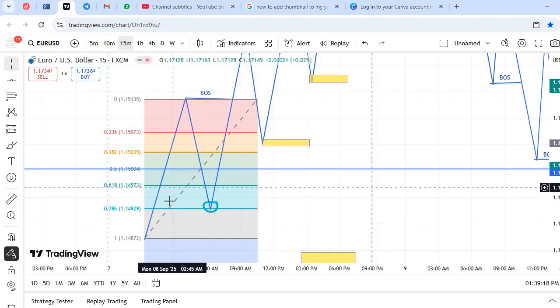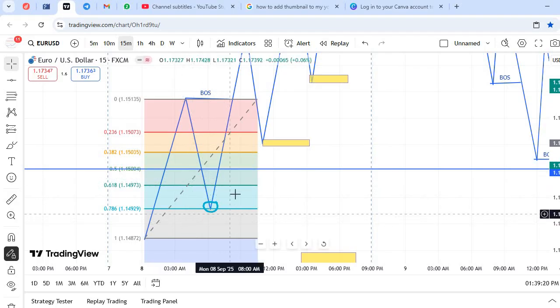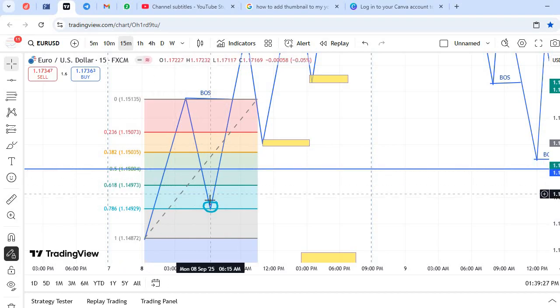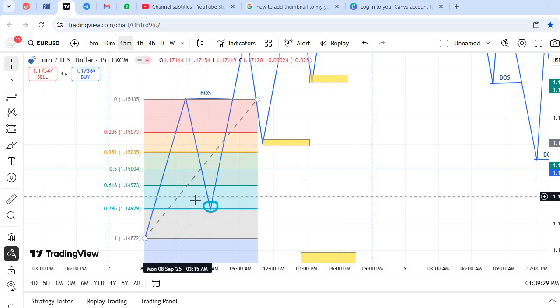So always check for levels around the discount zone, and the levels around the discount zone are from 0.5 below. So you are safe from here.